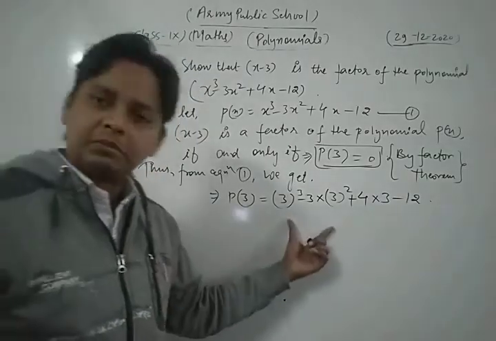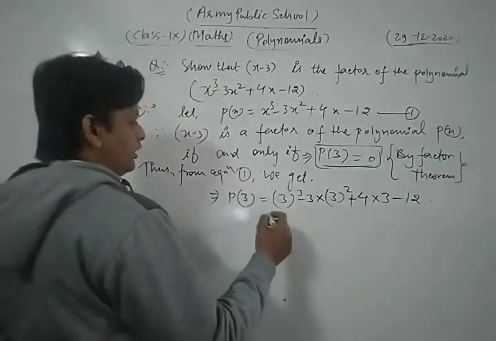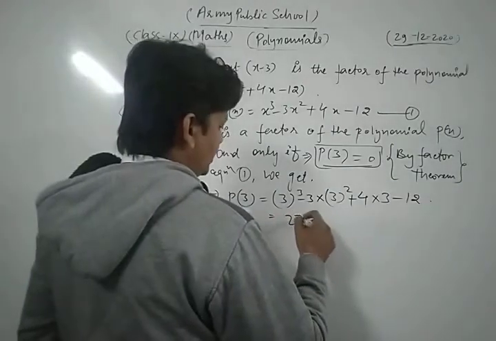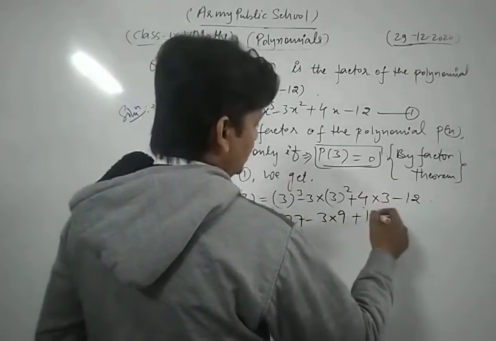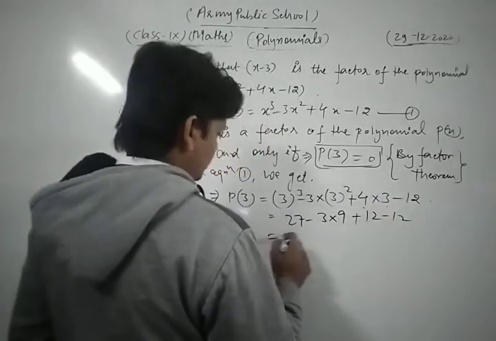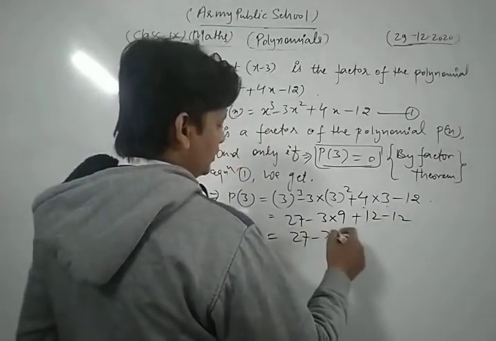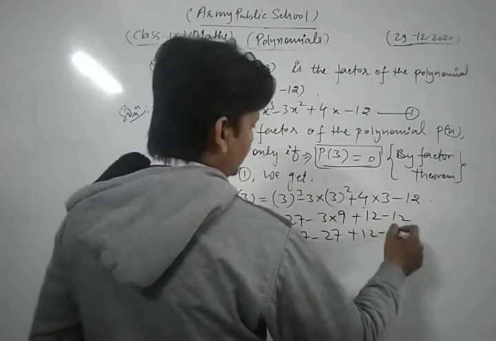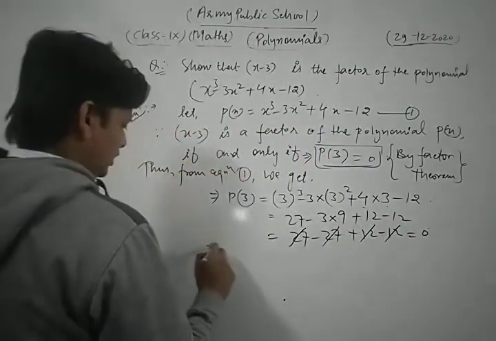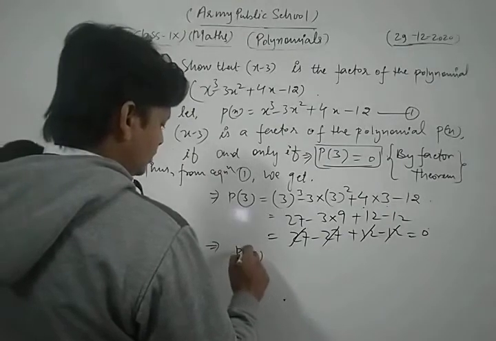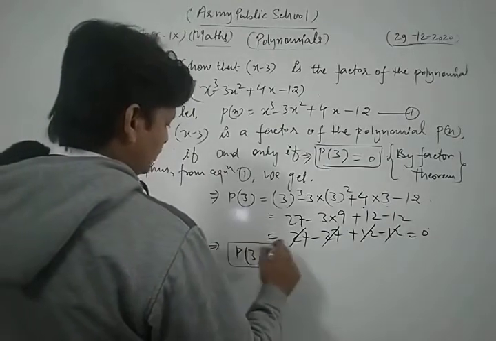Now we simplify. 3 × 3 is 9, times 3 is 27, minus 3 × 9 is 27, plus 4 × 3 is 12, minus 12. So each term cancels the other and is equal to 0. Thus p(3) is equal to 0.